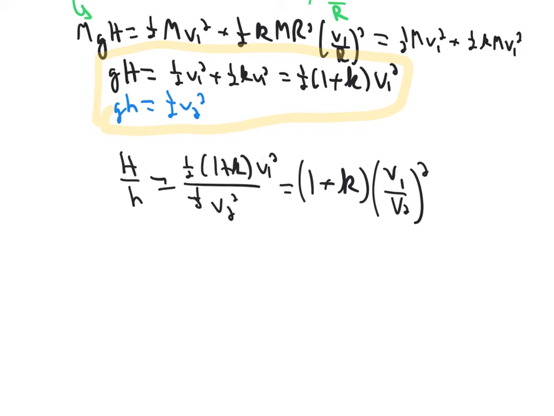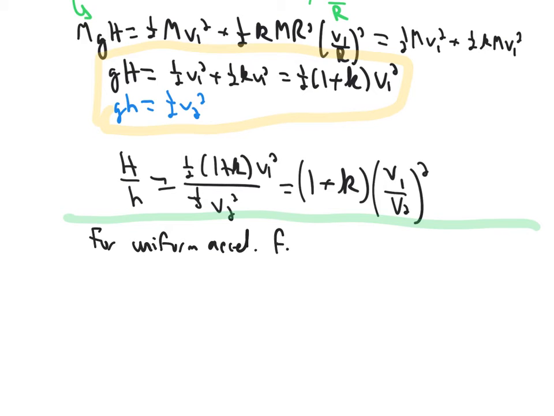Then we can do kinematics, so let's give ourselves a little bit of room here. We could say from kinematics that for uniform acceleration from rest, the average speed is 1/2 the final speed.